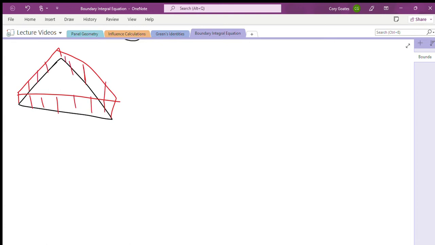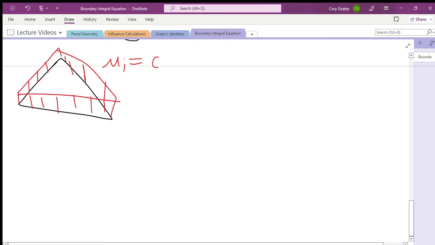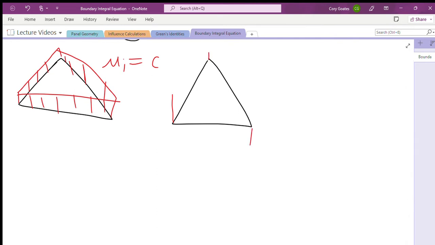And so we have mu sub I is equal to some constant c. Now we could also, if you'd like, have a panel where we've got a linear distribution of doublet strength. So say over here it's that much, and over here it's that much, and over here it's down here. And we can linearly interpolate between those three values, and we get the variation in doublet strength across the surface.